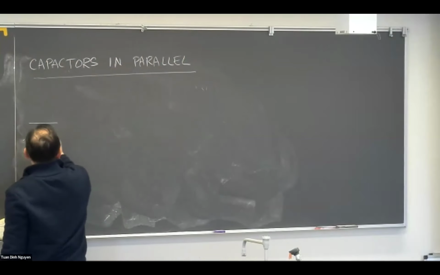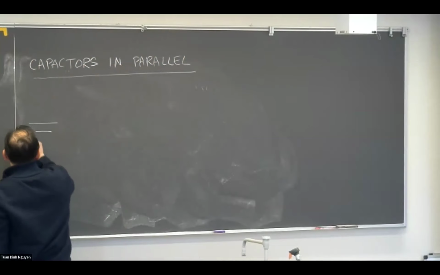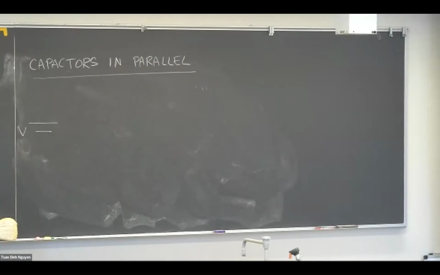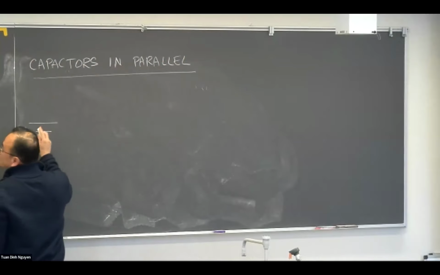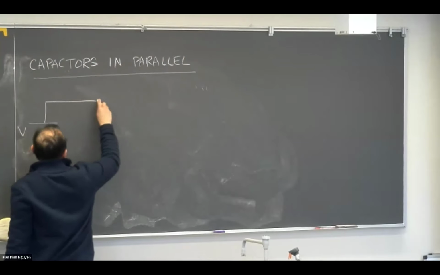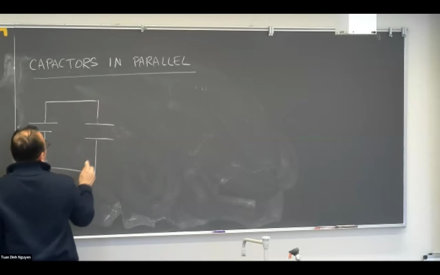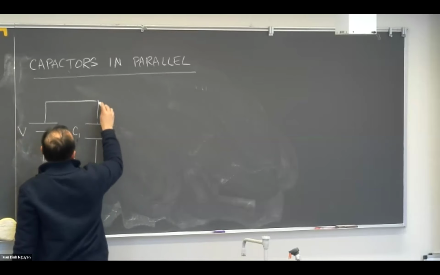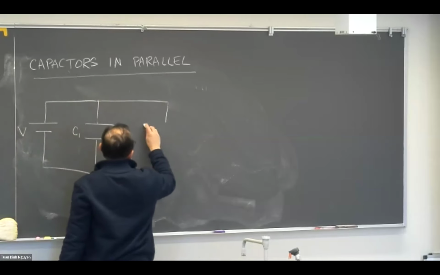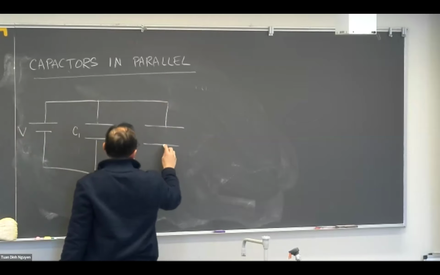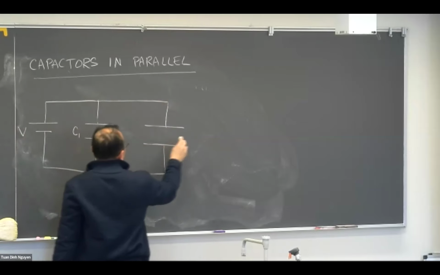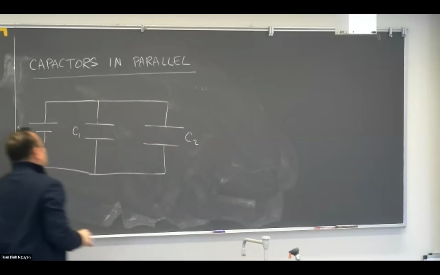We'll just draw a circuit again with voltage V. Then over here, put one capacitor like before, C1, and a second capacitor, C2.